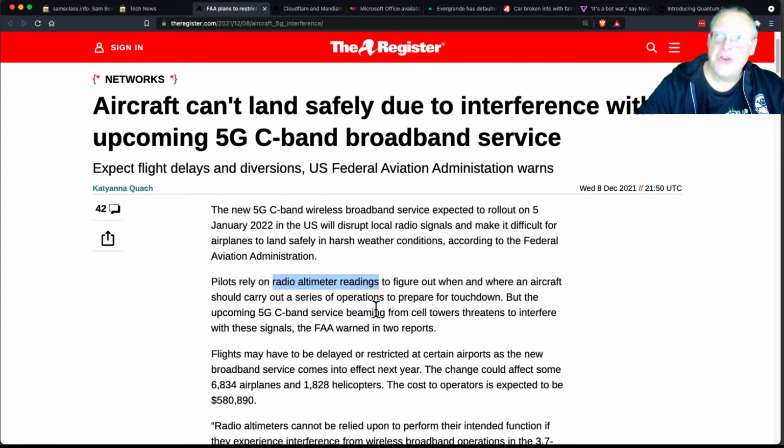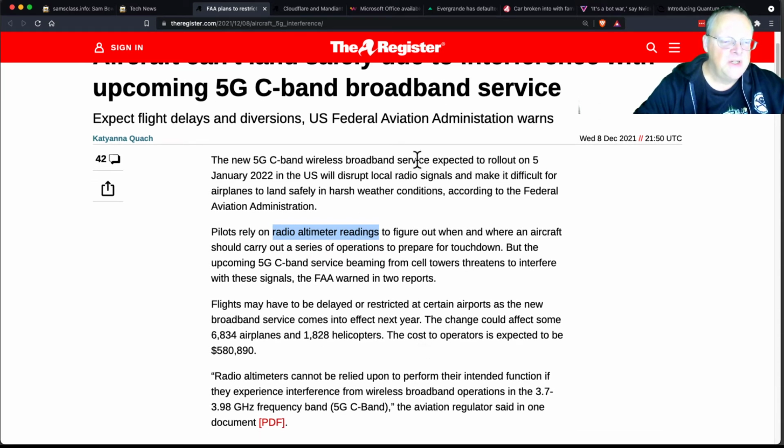That seems like a serious safety flaw to me. And they're going to, so the FAA is going to prevent people landing while this service is turned on or something. It sounds crazy. So hopefully they'll come up with some resolution for this. It sounds dangerous to me and unwise.